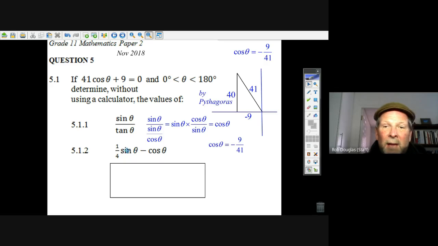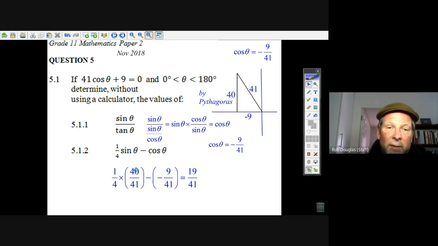But what's sine theta? Well, let's go to this triangle here. We're talking about this angle, but this is the reference angle here. It's opposite over hypotenuse. That's 40 over 41. We'll just substitute in those values. Instead of sine theta, put in 40 over 41. Instead of cosine theta, put in what we figured out here, minus 9 over 41.